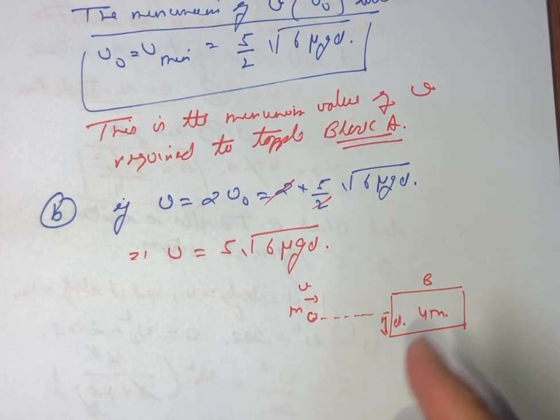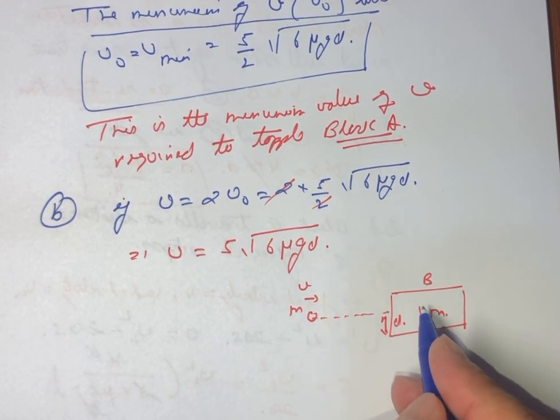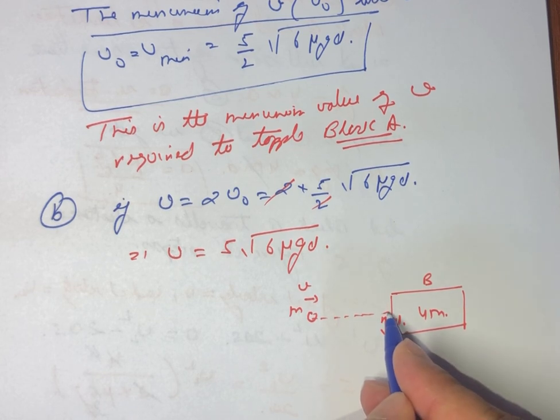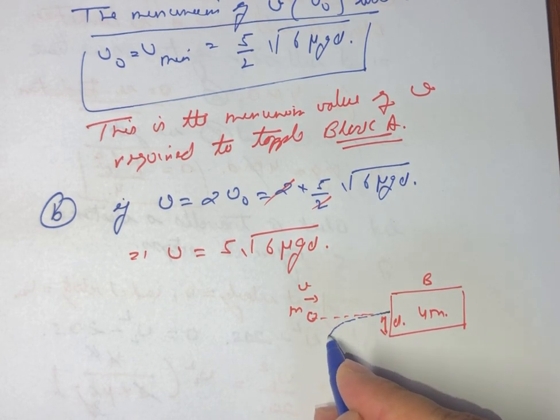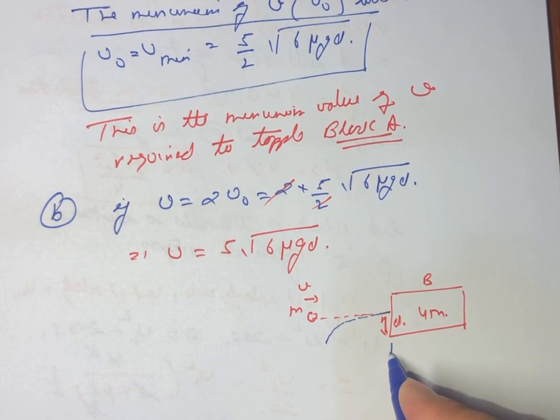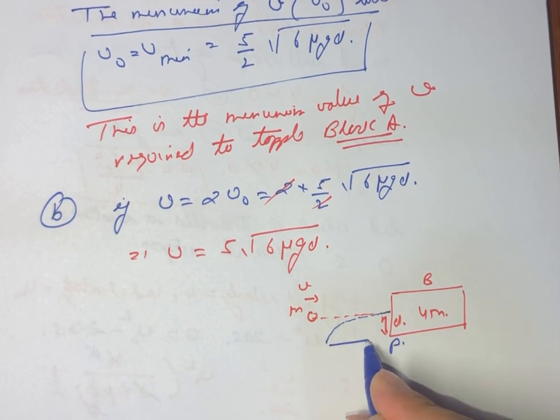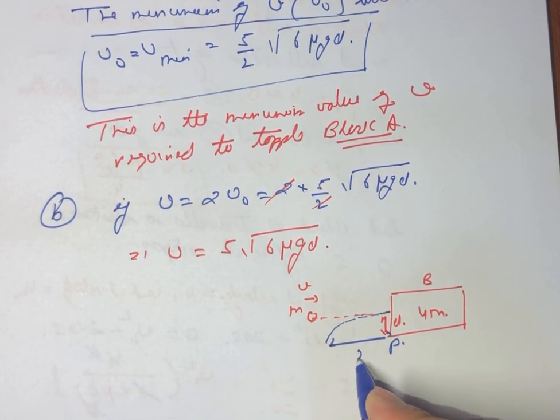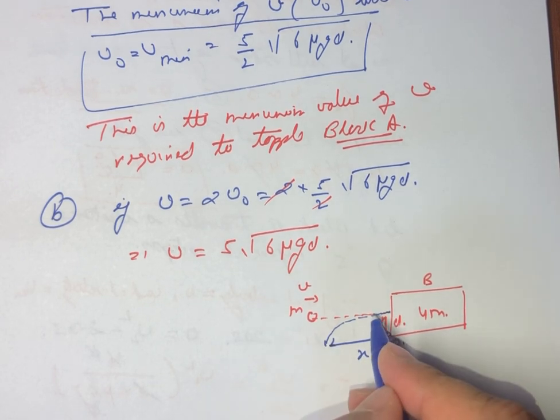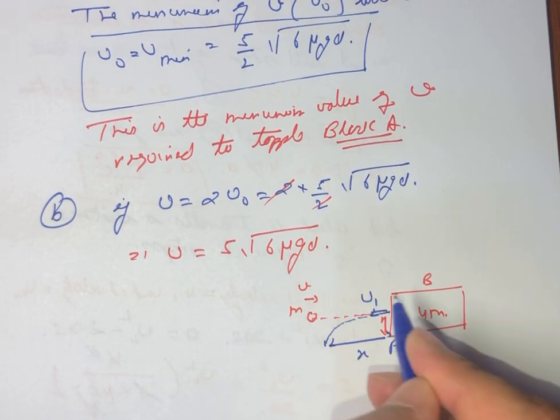So after collision with block B, it bounces back with the velocity v1. This is point P, and we are supposed to find out this distance. Let us call it x, and it bounces back with the velocity v1.